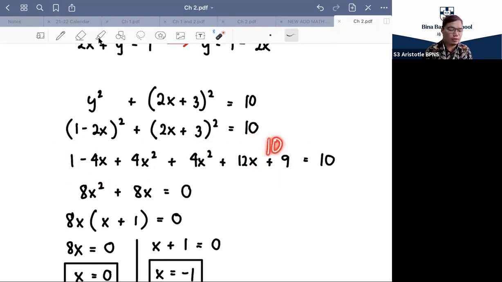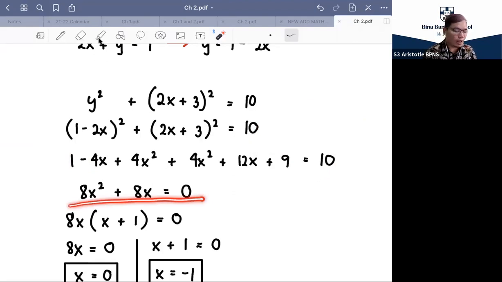So you have 10 on the left side and another 10 on the right side. If you transpose it, it becomes 10 minus 10, making it 0. So we have this now: 8x squared plus 8x equals 0. Do you guys have any questions so far?